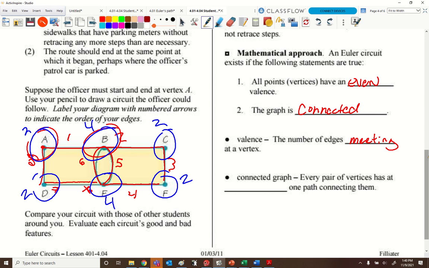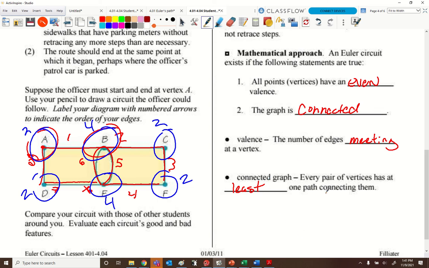The graph is connected. Connected graph: every pair of vertices has at least one path connecting them. All right? There we go.